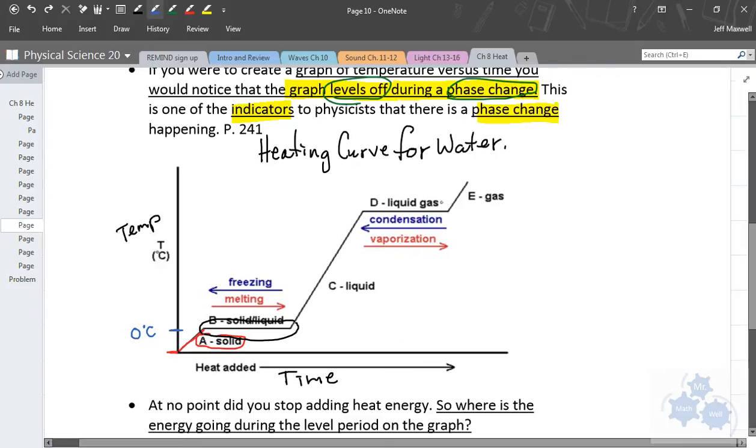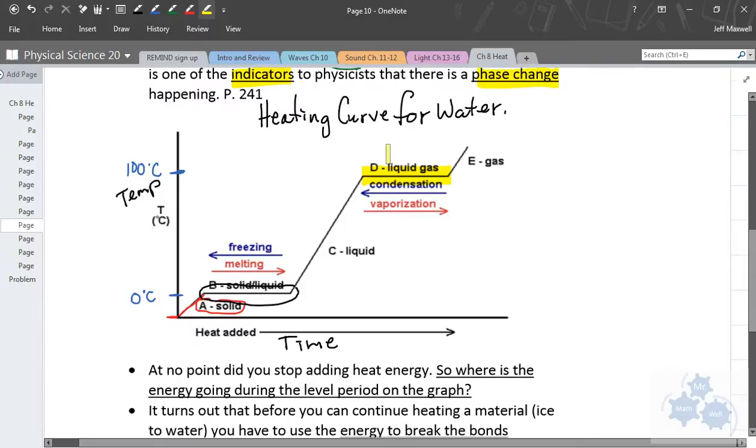What temperature do you think is associated with this flat part of the graph right here? What temperature here? 100 degrees Celsius. Very good. 100. And why is that? Well, because this flat part of the graph, as we've mentioned, represents a phase change from liquid to gas.